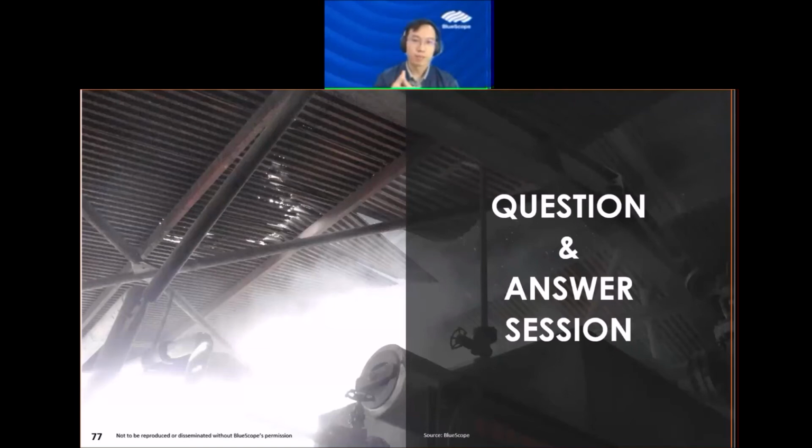On the contrary, like I mentioned earlier, it's better for me to go back to the slide so that you can have a better perspective.